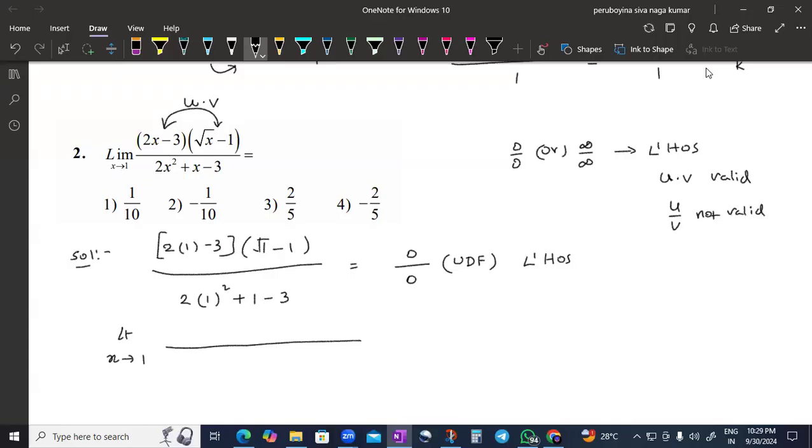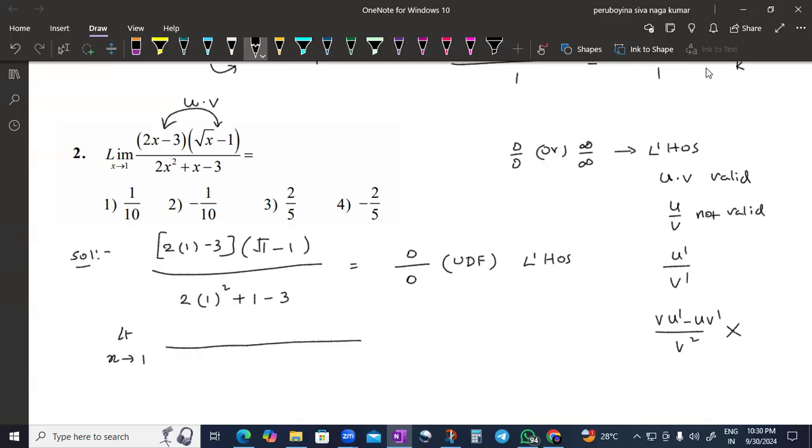We will take the separate numerator derivative u dash and separate denominator derivative v dash. But in differentiation, the u by v formula is v u dash minus u v dash by v square. This is not used in L'Hospital's rule. That is the major difference between L'Hospital's rule and differentiation.